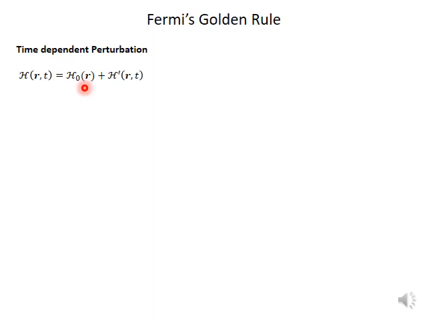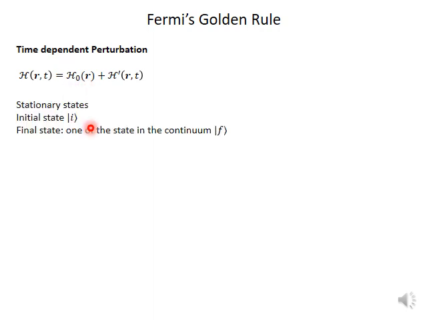This stationary part would give you some stationary states of the system, a discrete state I and a continuum of states F. So these are a set of stationary states. Normally under a stationary perturbation, there won't be any transition of a system from one state to another. If the system is initially in one state, it won't go to the other state.